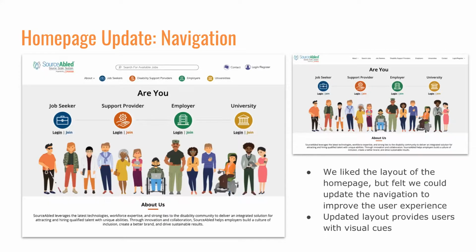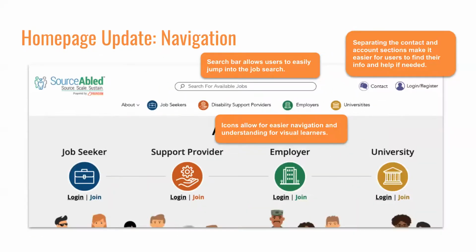Thanks, Mackenzie. Connor. So as Mackenzie mentioned, we added a search bar and moved around and made some icons. The search bar was created to allow users to jump, in this case, into a job search with ease, to search for the career that fits them best.